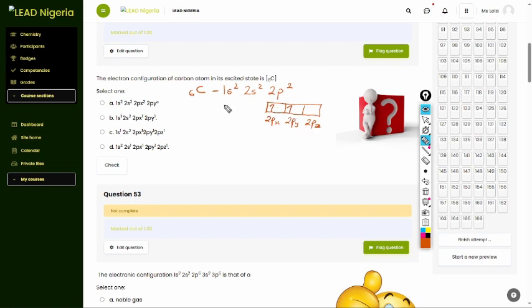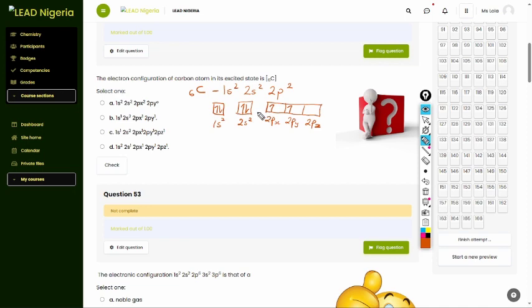Now, for it to become excited, let's draw this too. This is 1s2, just to make it easier. This is 2s2. The s has only 1 sub energy level. This is the neutral atom for carbon. Now, excitation happens when an electron from a low energy orbital gains energy and jumps into a higher energy orbital.